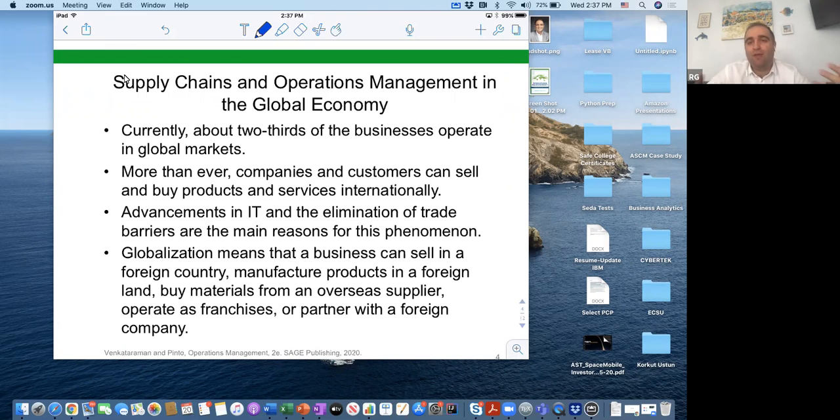So we have to think about supply chain management in the framework of the entire globe. When you're establishing your business, or when you are analyzing a business that's already established, you should not limit your attention to the rules and regulations of your country only, but you should be thinking globally. That is the key for success.